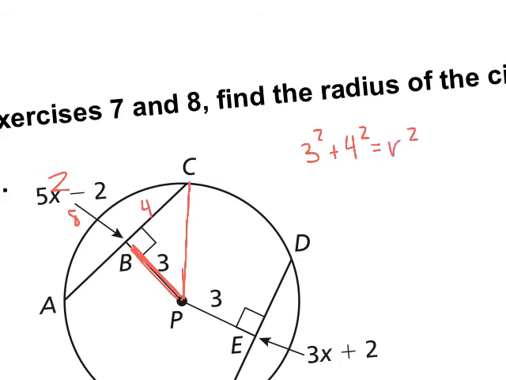You guys know this special right triangle? Remember we talked about Pythagorean triples? This is a special Pythagorean triple. You guys ever heard of the 3, 4, 5 right triangle? Maybe, sort of. I mean, you can always do the Pythagorean theorem if you want to. I just didn't know if you guys knew that. So 9 plus 16 equals r squared. That means 25 equals r squared. Take the square root of both sides and you get r equals 5.